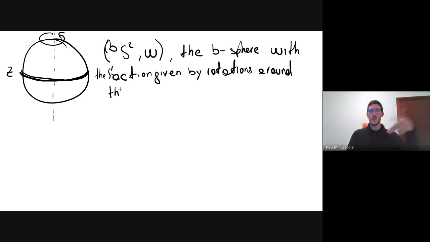In the symplectic case, we were also considering this rotation action, but now we have an action on this b-symplectic sphere which is compatible with Z, because Z is a latitudinal circle, and these rotations also move the sphere latitudinally, let's say. Rotation around this z-axis.